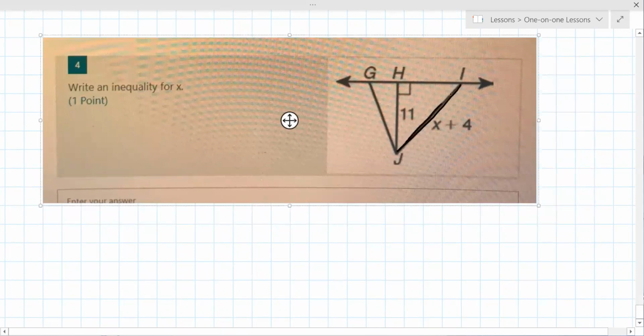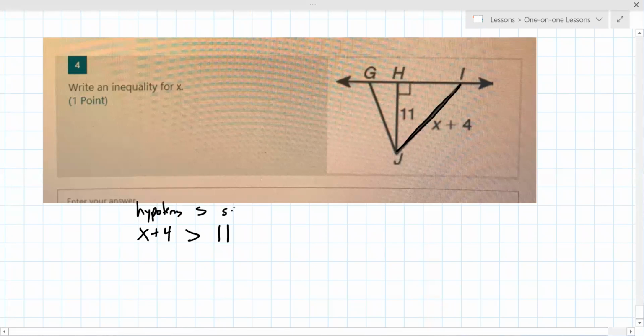And the hypotenuse is the longest of the three sides of the triangle. So X plus 4 is the biggest side, so it has to be bigger than the other side. This is like saying the hypotenuse has to be bigger than another side. So if you solve this inequality, subtract 4, you get X must be greater than 7.